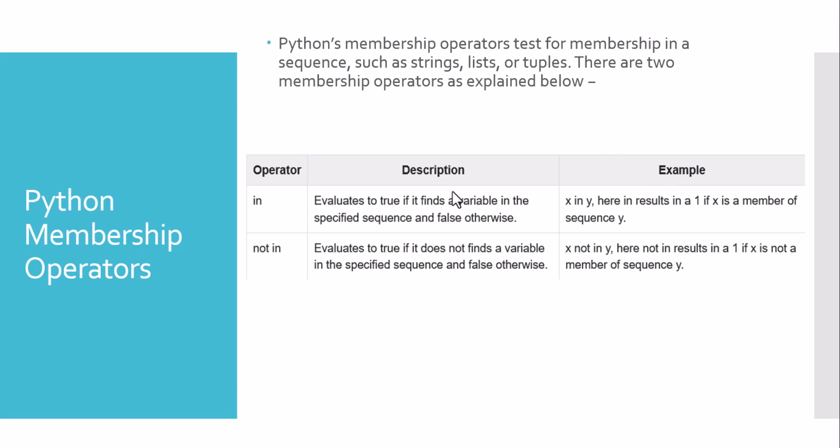If not, then it will give the 0. Okay. Similarly, not in evaluates to true if it does not find a variable in the specified sequence and false otherwise, x not in y. I can show you an example.